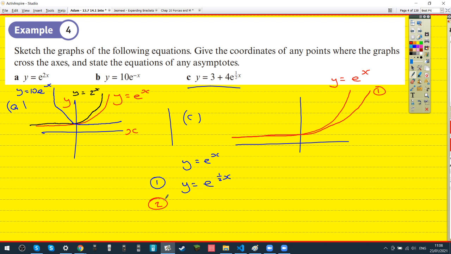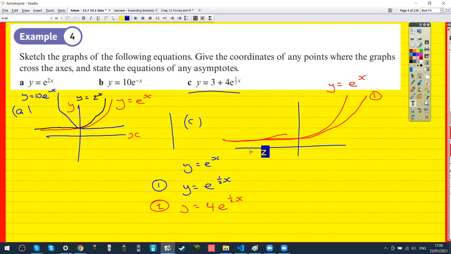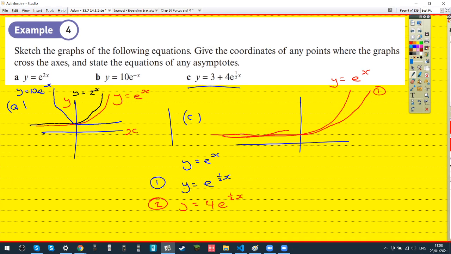Then y equals 4e to the half x. What's going to happen there? It would become 2e to the half x. You're differentiating it. Okay, I'm guessing it's kind of like that.